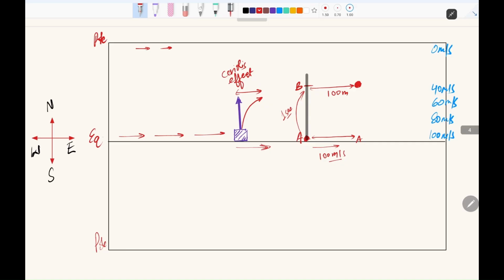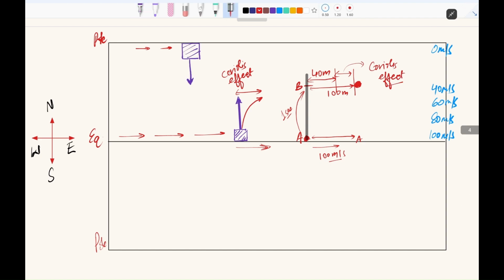But since person B is at a point where the linear speed of rotation is 40 meters per second only, person B will move eastward by 40 meters only. And this 60 meters of difference, the deflection of the ball, is what is called the Coriolis effect.